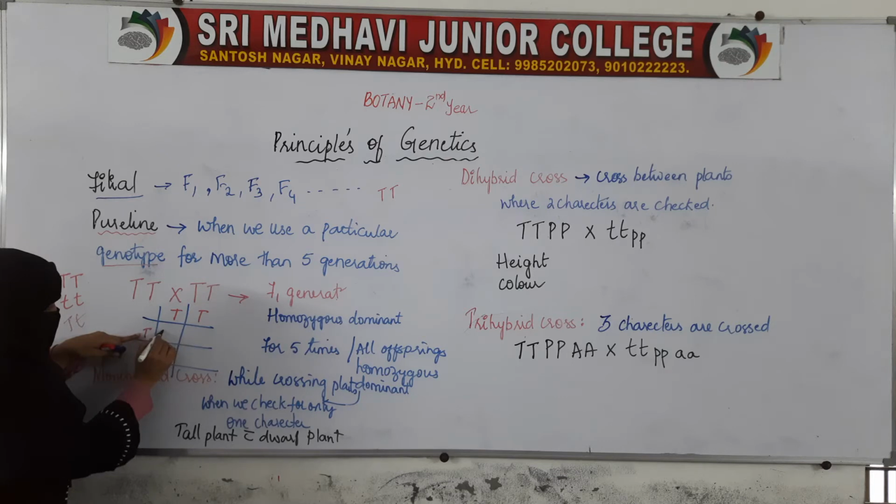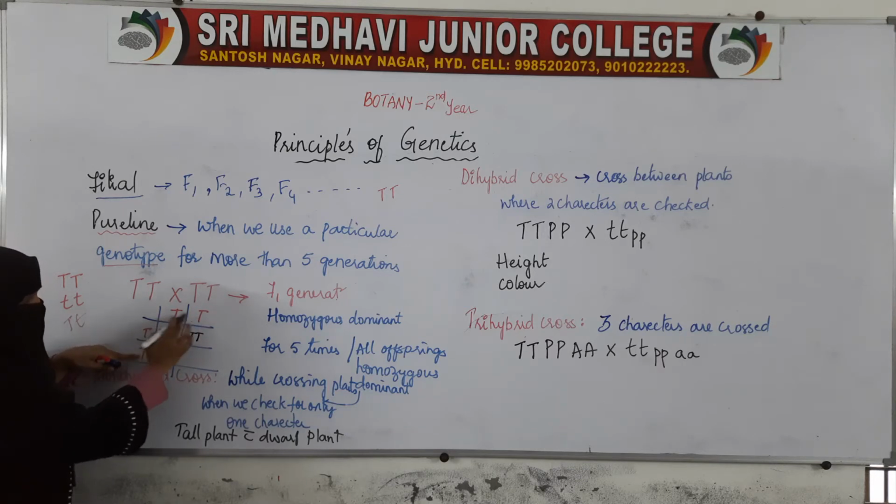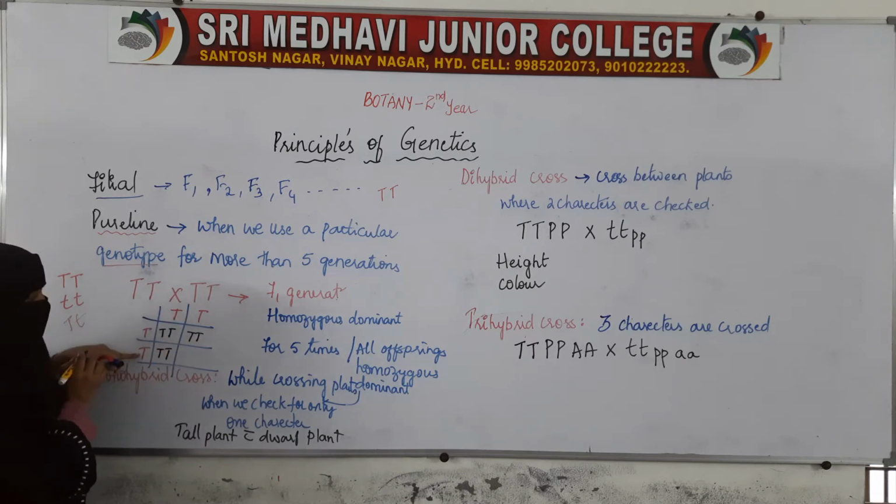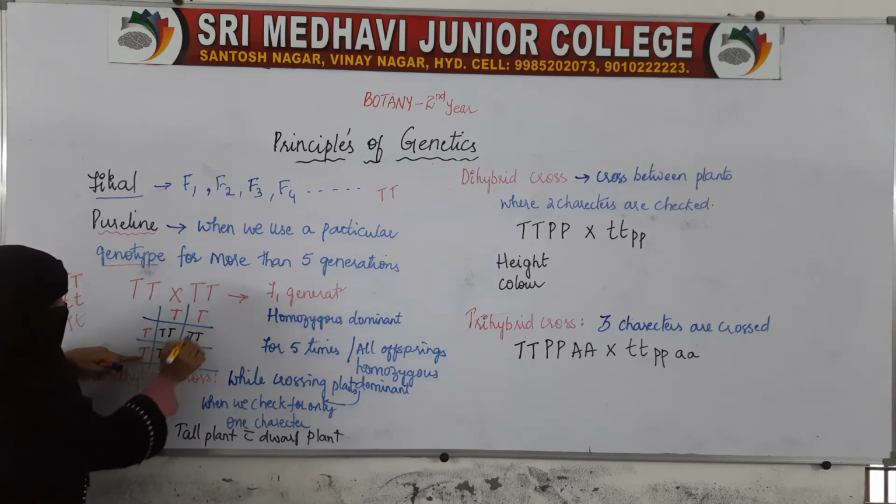This 1T and this 1T, again crossing with this 1T and this 1T. Now I have crossed this with these 2, and now I will cross this with these 2. First this capital T and this capital T, then this capital T here and this capital T here.